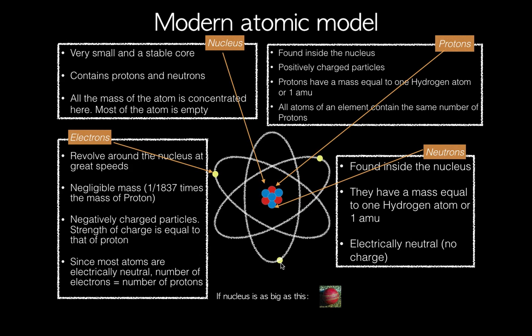Then the electrons which are at the surface of the atom are 4 kilometers away. This is something you have to imagine. Hold the cricket ball in your hand, tell yourself that you are the nucleus, and imagine the electrons 4 kilometers away. That's how big the atom is compared to the nucleus, or how small the nucleus is compared to the atom.